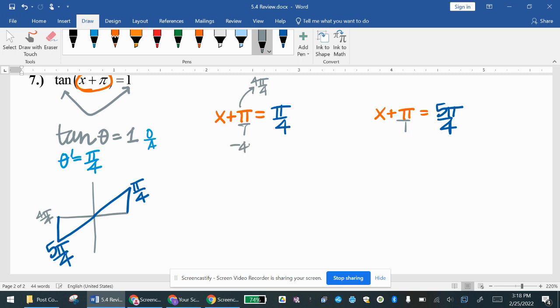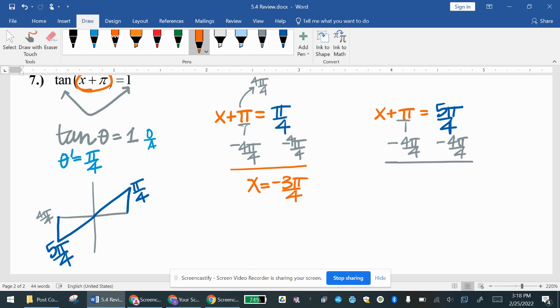So when I subtract 4 pi over 4, which is the equivalent of pi, I'm going to get an answer of negative 3 pi over 4, and do the same thing here. X equals 1 pi over 4.